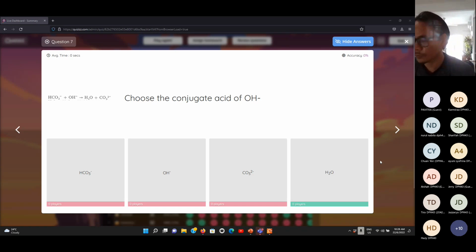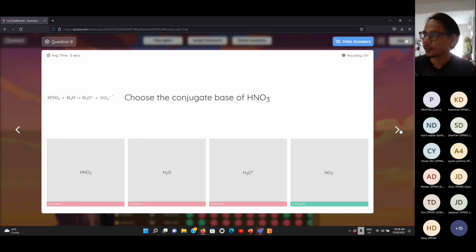Okay? If you have any questions, just stop me and tanya. Next one, another chemical equation. Nitric acid tambah water. So we dissolve nitric acid in water. HNO3 adalah nitric acid. Kita larutkan dia dalam air, kita akan dapat hydronium ion, which is H3O+ dan juga nitrate ion, NO3-.